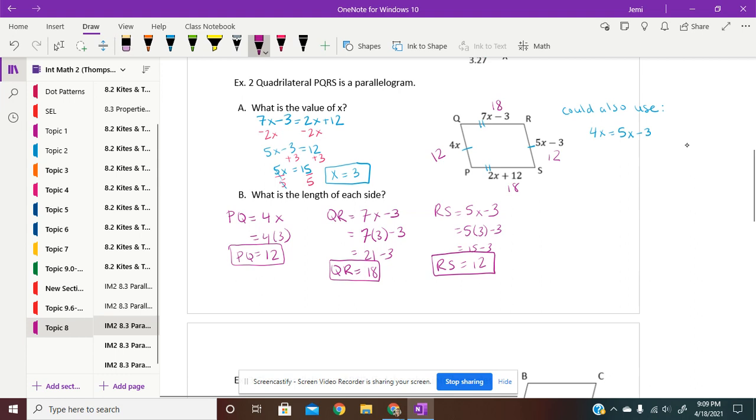You have to at least plug in two of them, but after that, you should be able to find the other two sides. So either way, you choose what works best for you, what makes most sense. Just in case you wanted to see it, let me write out my steps. Great.